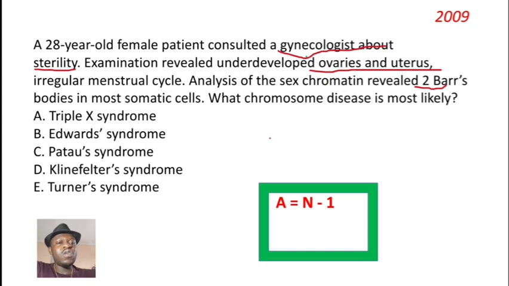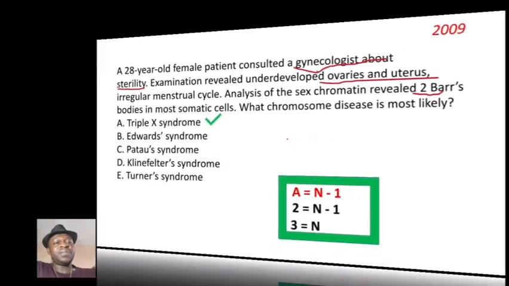So in this case, you have two Barr bodies, so you already have your A. So you want to find the number of what? Number of X chromosomes, right? So if you take this one and add it to the other side, you will get 3. So this lady has 3 X chromosomes. It is also known as triple X syndrome, right? Triple X syndrome. Okay, it's easy.